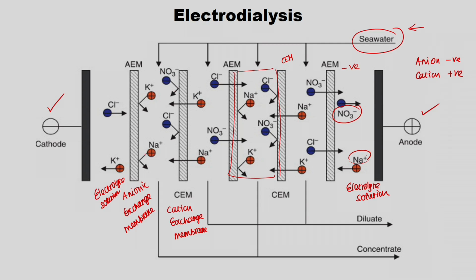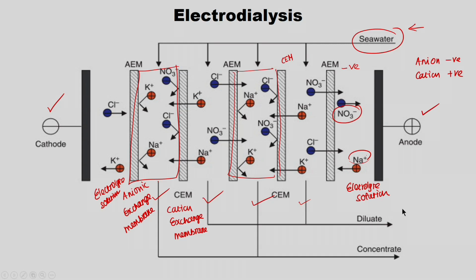Then in this particular space, they get concentrated. This is the way we collect the concentrate, and you have a diluate which is free of ions, right, because the ions moved through the ion exchange membrane. So, you collect the diluate.